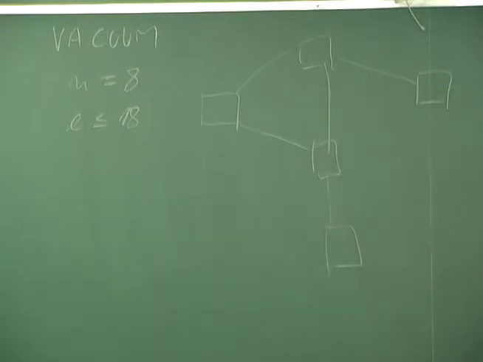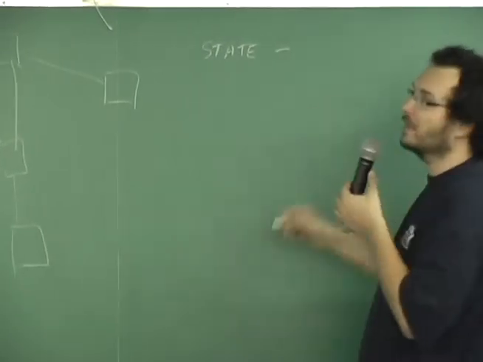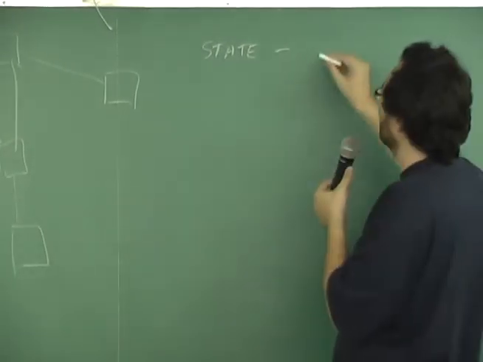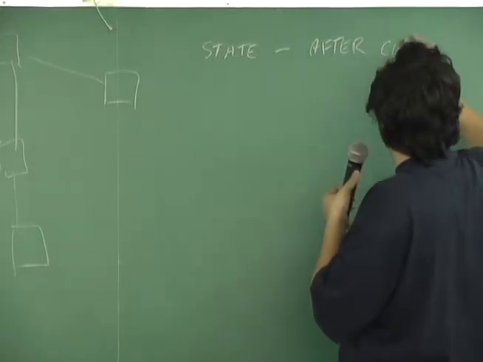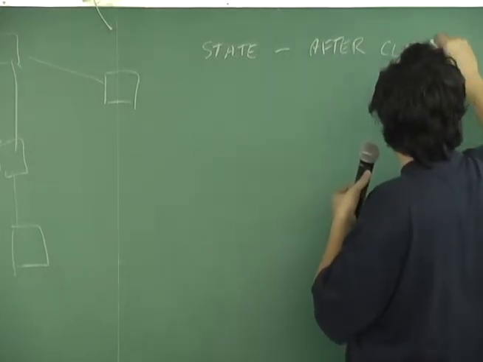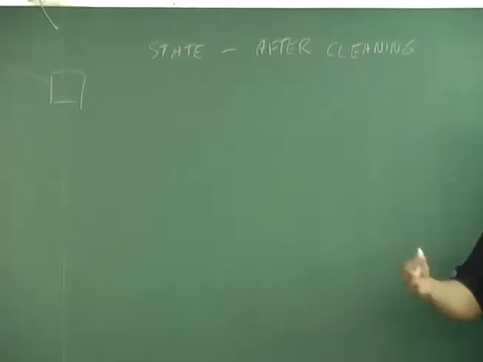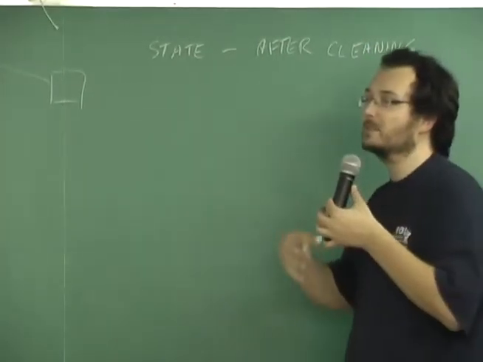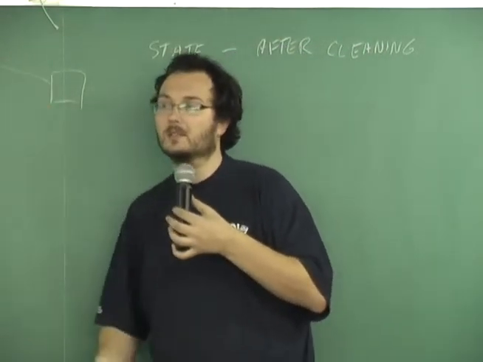So, for example, one thing we can do is we will call a state a situation immediately after cleaning a room. So the states are exactly the moments when the vacuum cleaner makes a decision, which corridor should I choose next.